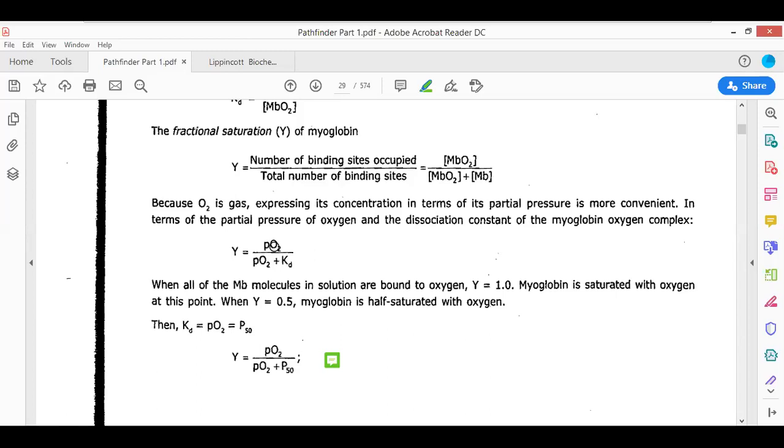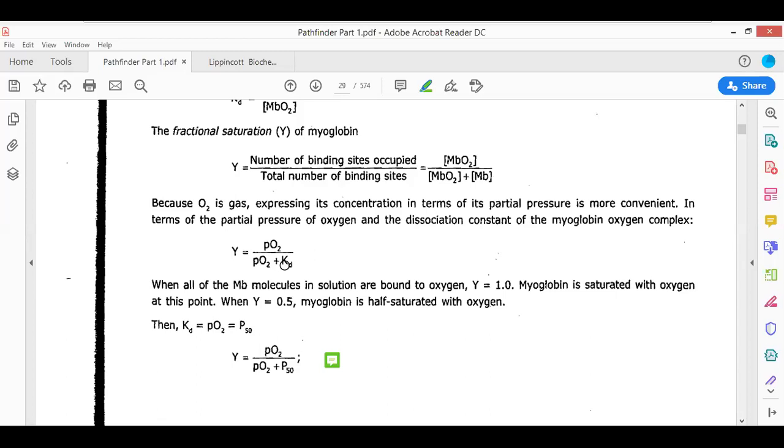So what is the percentage saturation of this myoglobin? It is the number of oxygen molecules that have bound divided by the total number of oxygen molecules that are present. Fractional saturation of any enzyme would be the total number of binding sites occupied divided by the total number of binding sites present.